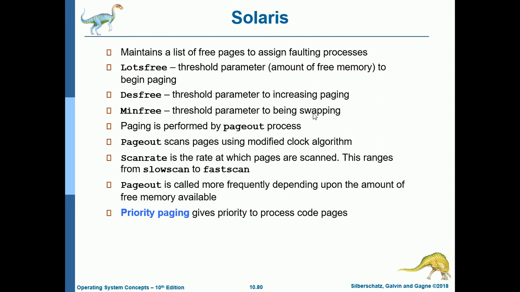Paging is performed by the pageout process. Pageout scans pages using a modified clock algorithm. Scan rate is the rate at which pages are scanned, ranging from slow scan to fast scan. Pageout is called more frequently depending upon the amount of free memory available. Priority paging gives priority to process code pages.